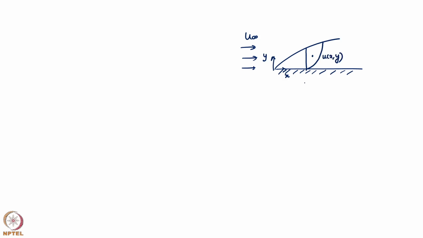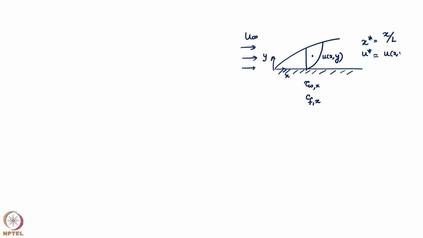So, this is my local location. U is a function of x comma y. The wall shear stress is typically at a location. The coefficient of friction is at a location. Once I fix the location, the x dependency also goes away. When you are non-dimensionalizing, we have this x star, u star, etc., which is basically x divided by L. If I fix a location, it means I am fixing the non-dimensional location also.